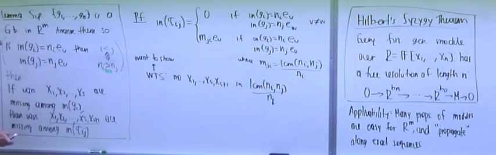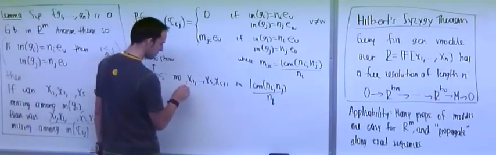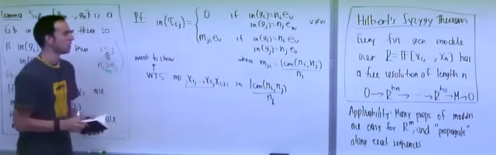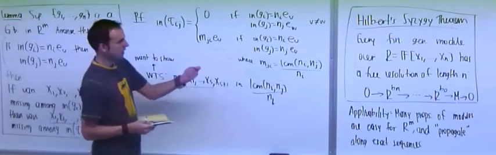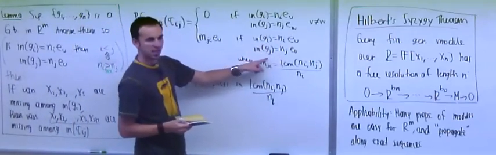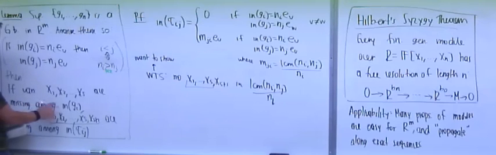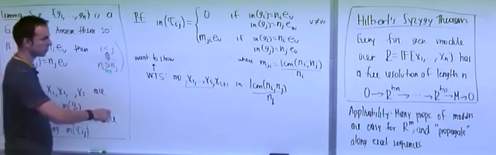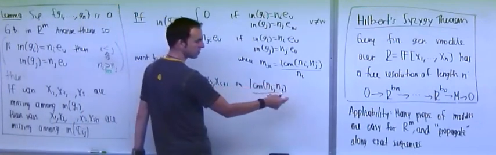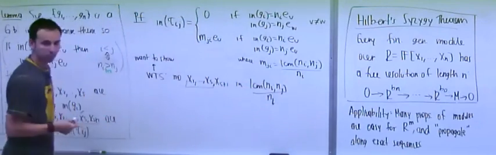Now, if you think about it, this comes for free, because n_i and n_j are the initial terms of g_i and g_j. We're assuming that they don't involve the variables x1 up to x_s. So this doesn't appear here, and it doesn't appear here, so there's no issue there.